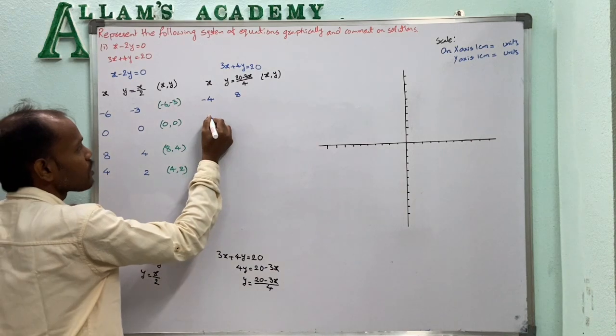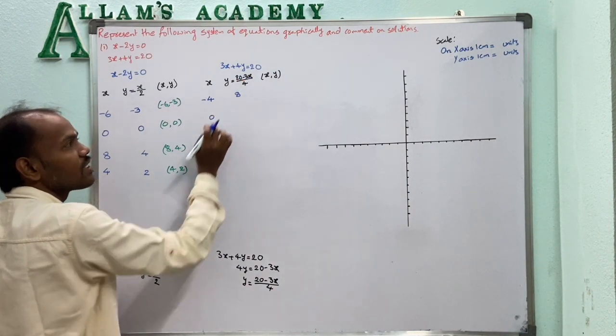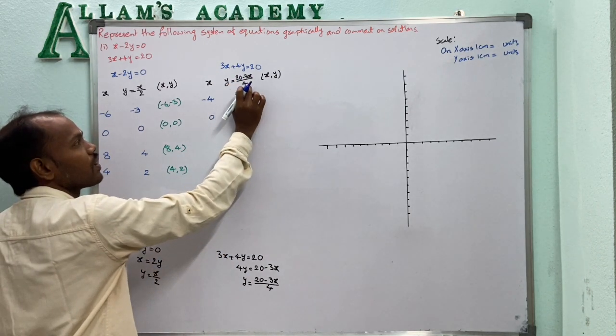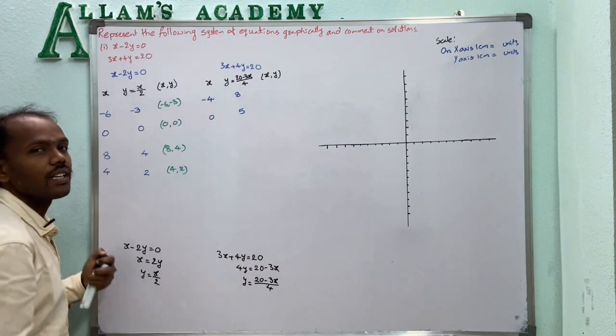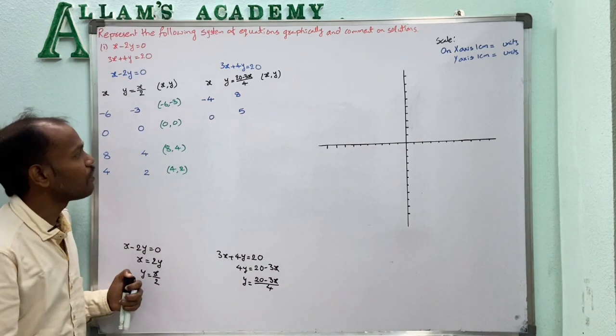If we substitute 0, 3 into 0 is 0, 20 minus 0 equal to 20, 20 by 4 equal to 5. If we substitute 0, then its corresponding y coordinate is 5.